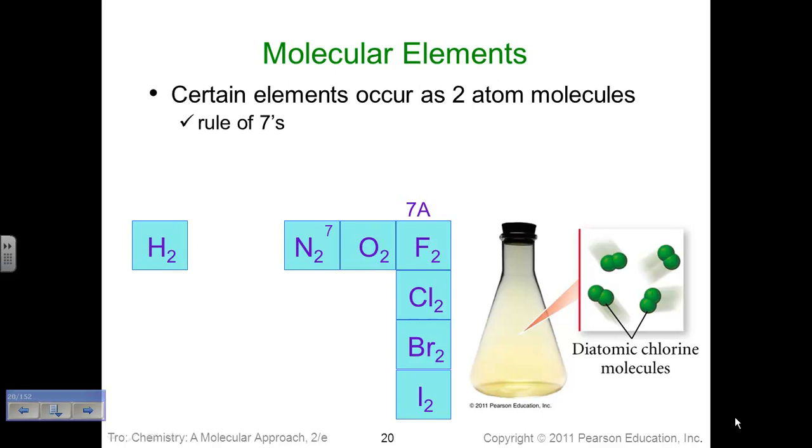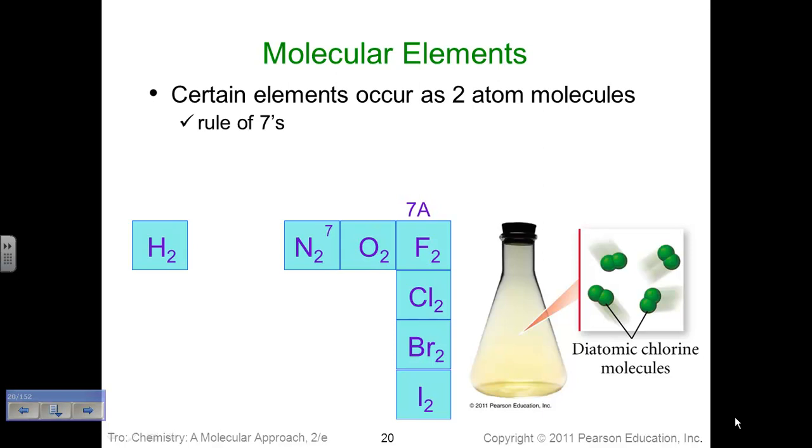In nature, we never find just an atom of H, hydrogen. It's just too unstable, too highly reactive, so it will either bond to a different element to create a compound, or it will bond to itself to create a diatomic molecule of that element.